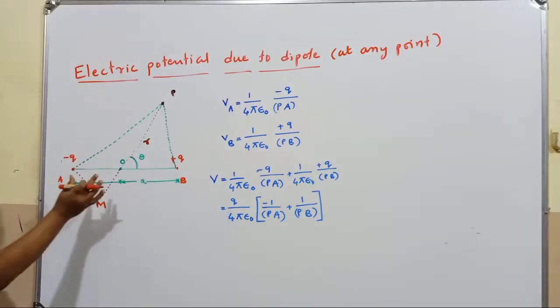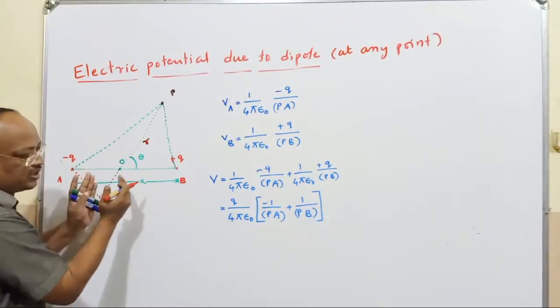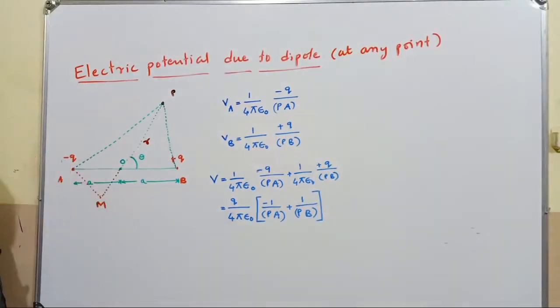The dipole length is very small for an ideal dipole.